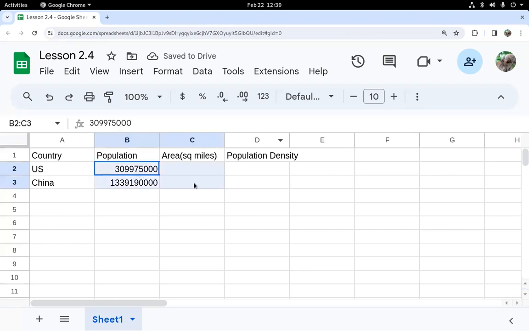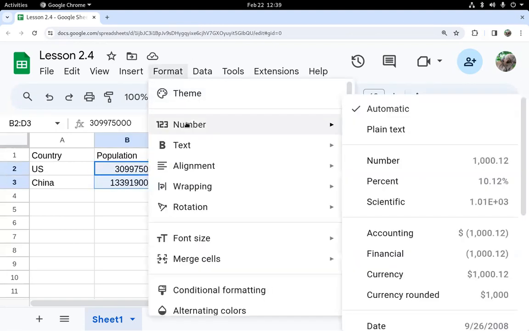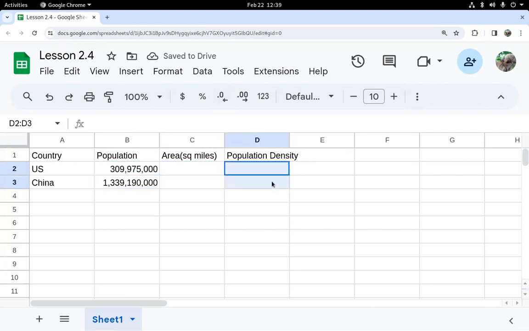Let's format those right away as numbers and then drop the decimal places, so we have just whole numbers there. We'll adjust the density in a minute. Areas: US, 3,717,000. China, 3,705,000 square miles. And it looks like I typed those correctly.